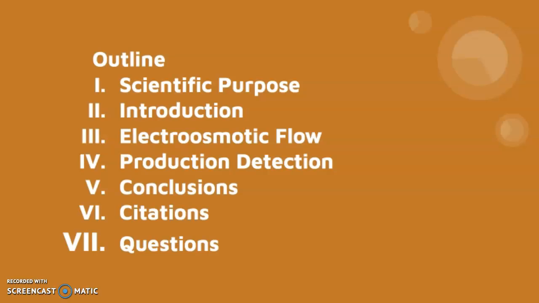Next, we're going to talk about how we were able to detect our product and what methods we used for that. Lastly, we're going to draw some conclusions about the experiment as a whole. I'm going to talk about what citations I used, and then if there's any questions, I will post my contact information if you would like to reach out to me.